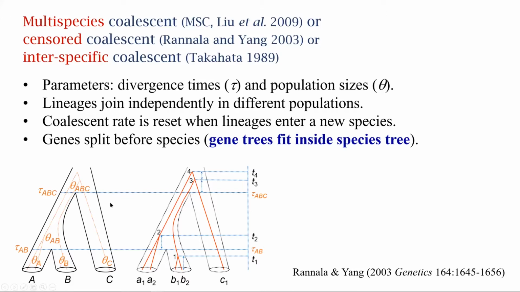This is because if we look at the coalescent for population A, A1, A2, they have not coalesced when we reach tau AB, but we have to stop the coalescent process. So that's what we mean by censored. In a single population coalescent, you have to wait until all the sequences coalesce. Here you have two lineages, but you stop the process. But I think nowadays this term multi-species coalescent has stuck. Everybody is using this term now, so we are just using it as well.